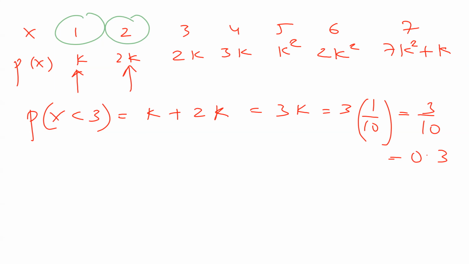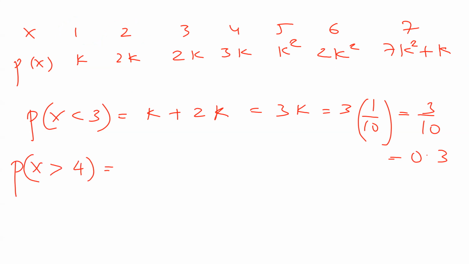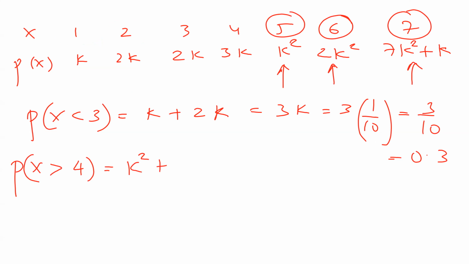Second part they are asking is P of x greater than 4. P of x greater than 4 will be 5, 6 and 7 because these values are greater than 4. So add their probabilities, k square plus 2k square plus 7k square plus k.